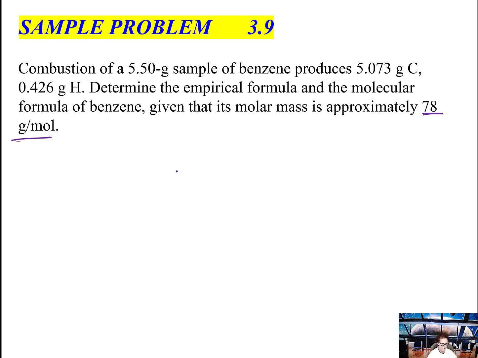All right, so what I'm going to do is first see what the percentage is, okay? So for carbon, I have 5.073 divided by 5.50 grams. So that's grams of carbon divided by total grams, and then times 100, right?